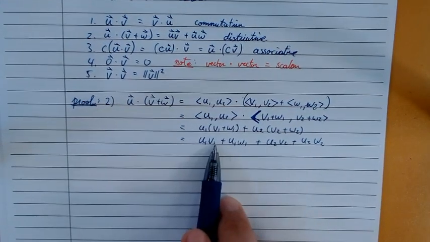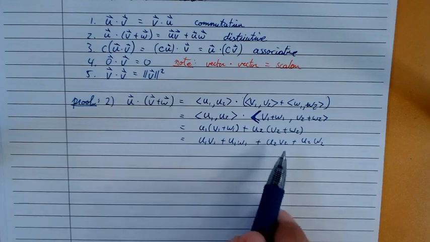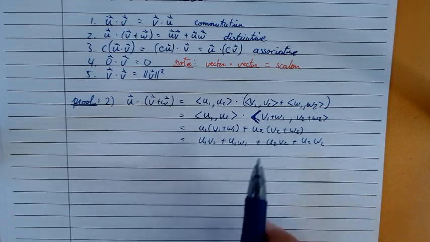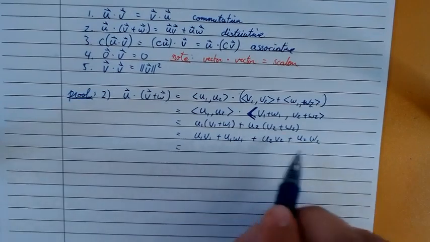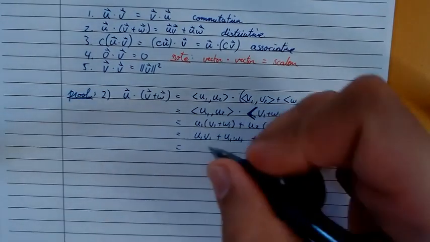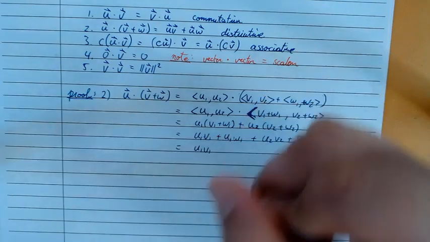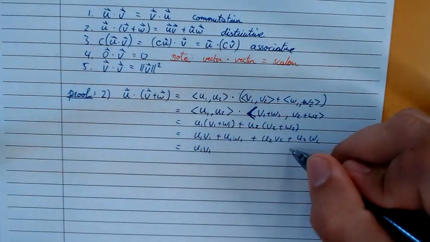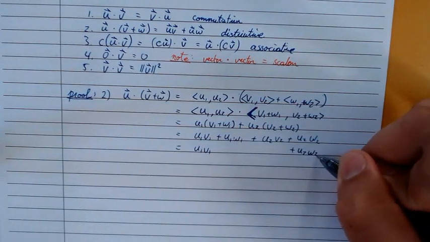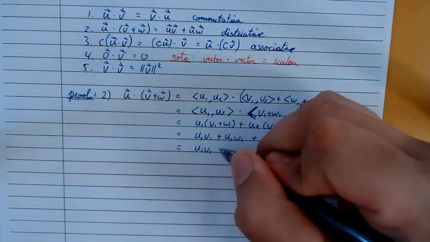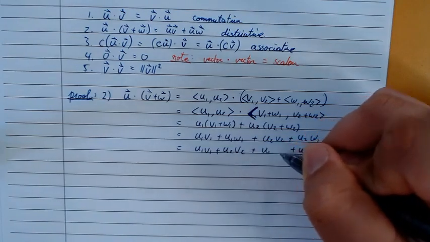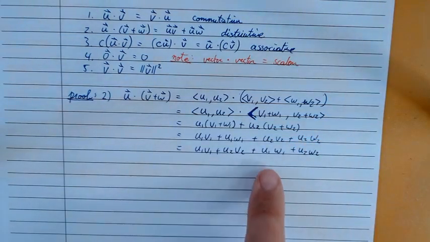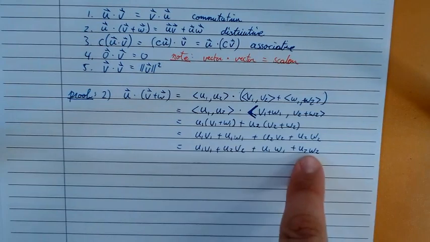Well, one thing I notice is that these two seem to belong together, right? u1 v1, u2 v2, and u1 w1, u2 w2. Let me rearrange stuff. After all, these are all just numbers, and numbers are commutative. I can rearrange the sum of numbers however I want. So I'll leave that one where it is, and I'll leave u2 w2 where it is, but I'll switch the position of those two. So I'll put u2 v2, and then I'll put u1 w1. But then this is the addition of real numbers.